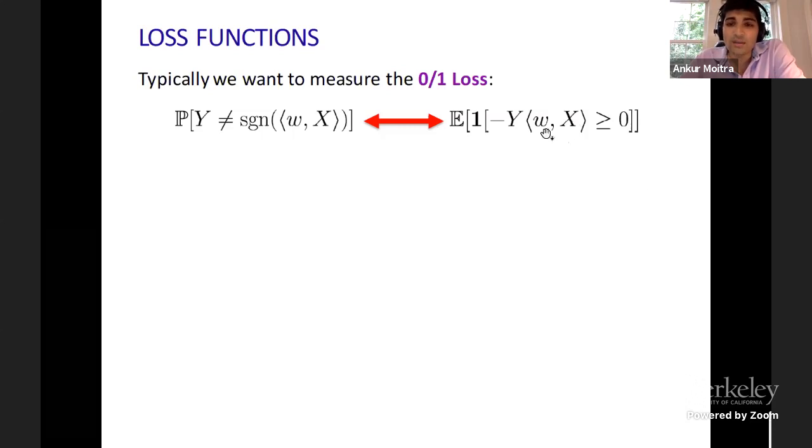Remember, what I want is for the sign of the inner product between W and X to agree with Y. If it did, the product of those two would be positive, and then with the extra minus sign outside it would be negative. So this loss would pick up a 0 when I use the indicator function. And if I got the label wrong, I would pick up a 1. So this is how you can think about the 0-1 loss through indicator functions.